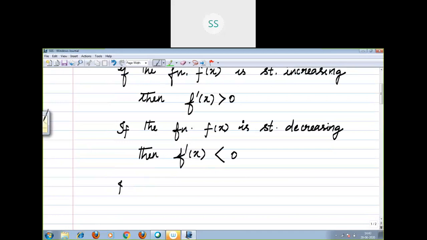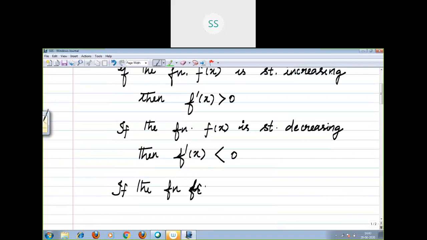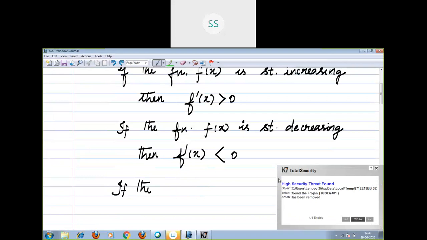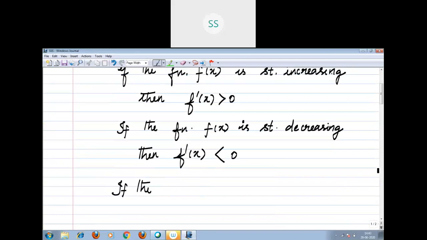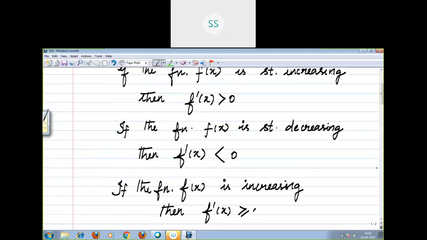If the function f of x is increasing, then the derivative, how it should act, you see: f dash of x greater than or equal to 0.